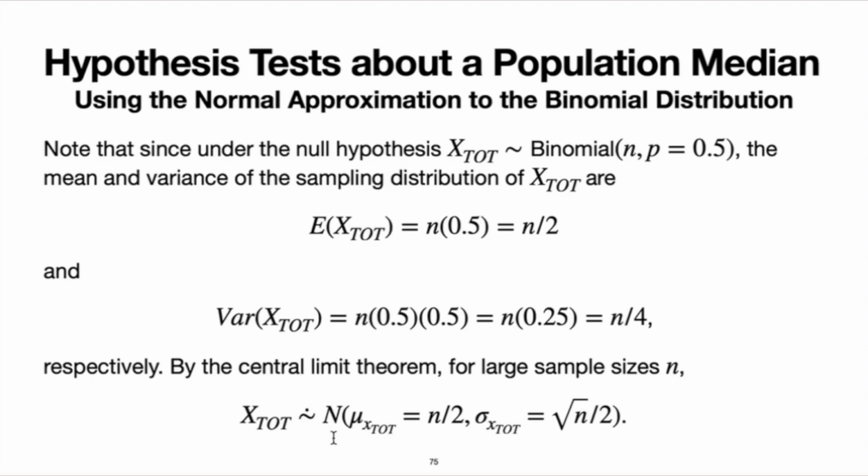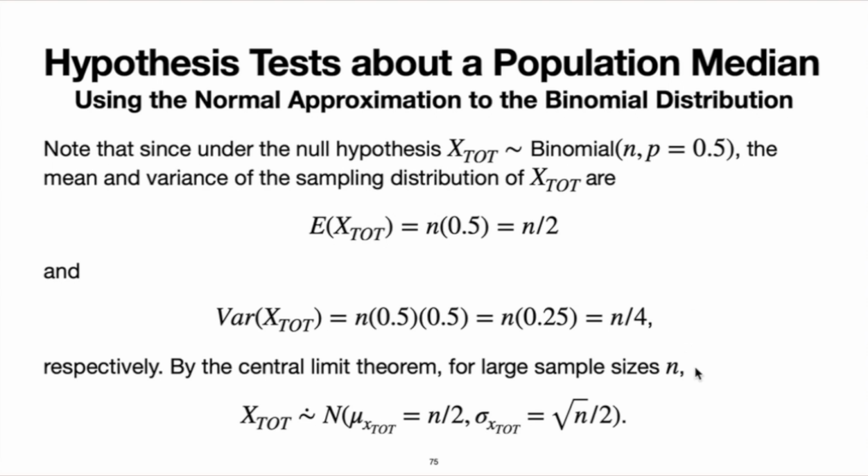So by the central limit theorem, for sufficiently large sample sizes n, X_tot will be approximately normally distributed. And notice that I have a dot on my "is distributed" tilde there. That means "is approximately distributed as." So we know that if the null hypothesis is true, the exact distribution of X_tot is this binomial distribution with n trials and success probability p equal to 0.5.